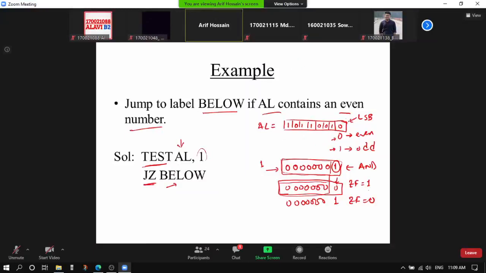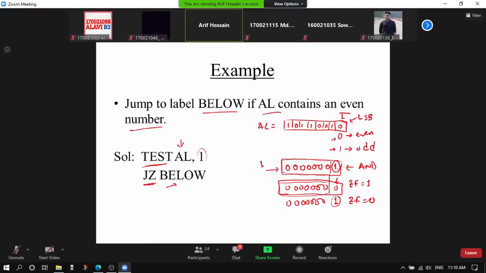Now look at this LSB. If your LSB is 0 and you are performing AND operation with 1, you will get 0. But if your LSB is actually 1, and you perform AND operation with 1, you will end up getting 1. So that means you are clearing all your bits except your LSB, and you are preserving your LSB.